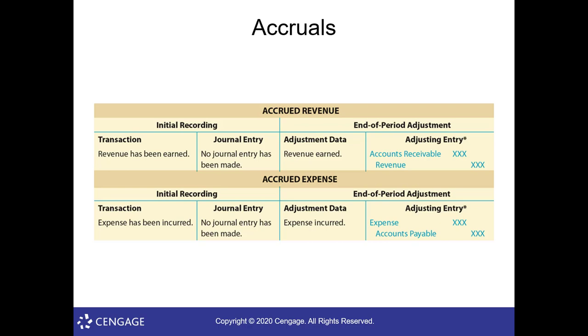So this is the revenue that we earn on the very last day of the month, or even after hours. A revenue can continue to be earned up until midnight, or when our shipping and receiving dock closes down. And expenses are continually incurred up until midnight of the last day of the month.